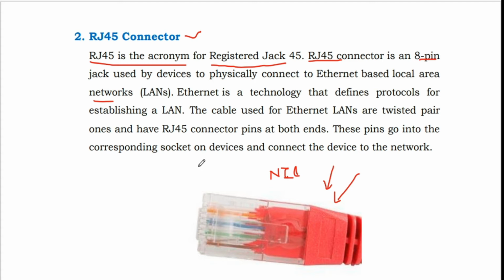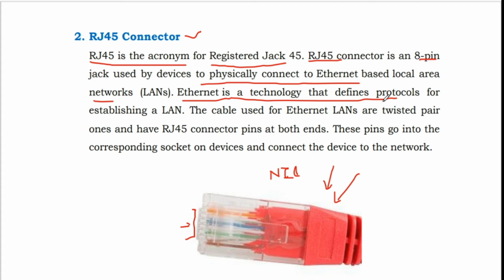So the RJ45 connector is 8-pin. You can see here there are 8 pins, which will allow you to receive and transfer the information. These pins are used for physically connecting to Ethernet based local area networks. Ethernet is a technology that defines protocols. What are protocols?